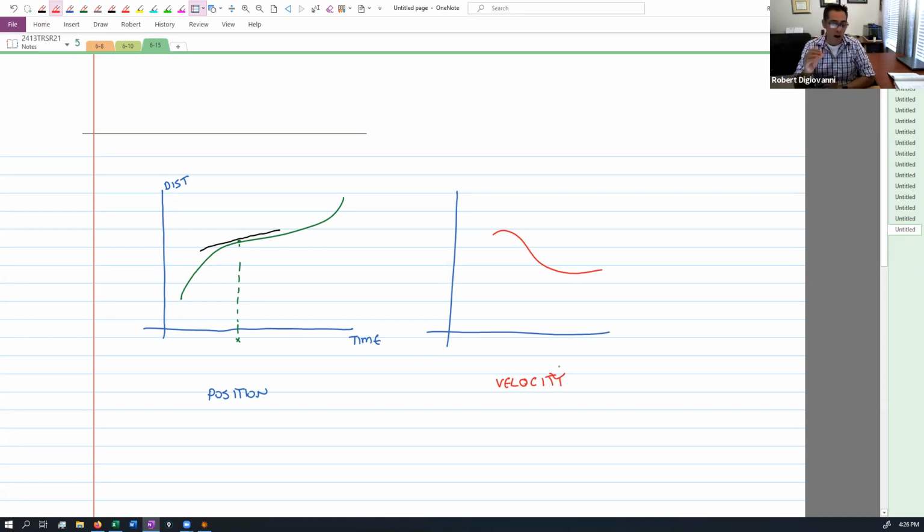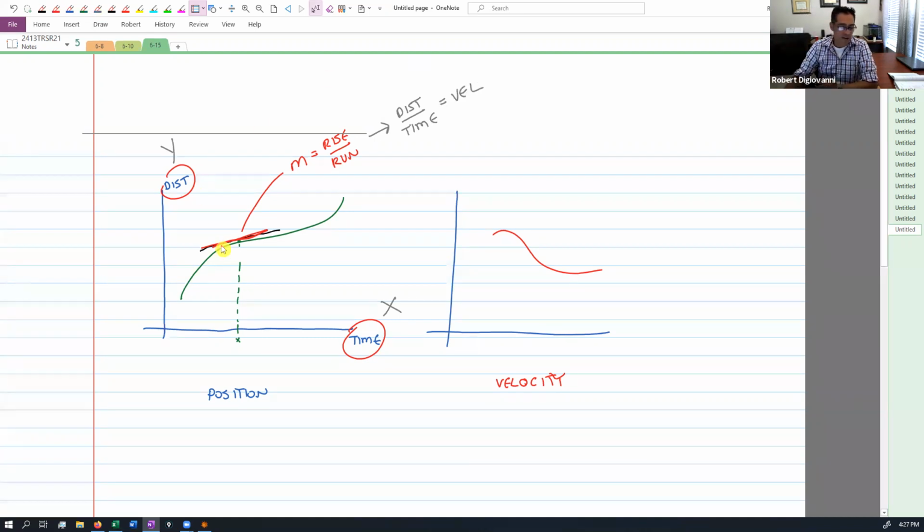Now, I'll explain why it's velocity. This slope is rise over run. Rise was distance, run was time, right? So when you take a derivative, you're always taking your y-axis unit and dividing it by the x-axis unit. So this slope would be distance over time, which would be velocity.